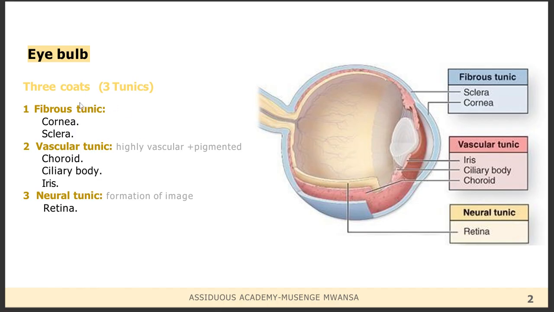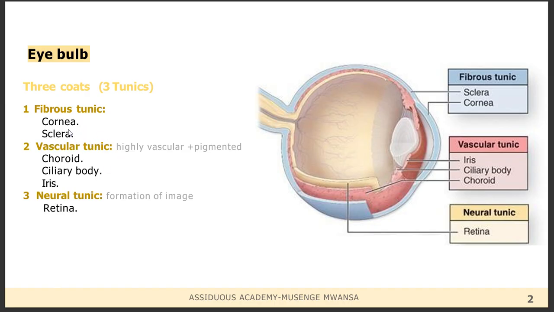The fibrous tunic, as we have said, doesn't have any blood vessels. So for it to remain nourished with oxygen, it is going to receive those nutrients by diffusion from the layer that has the oxygen and the nutrients.